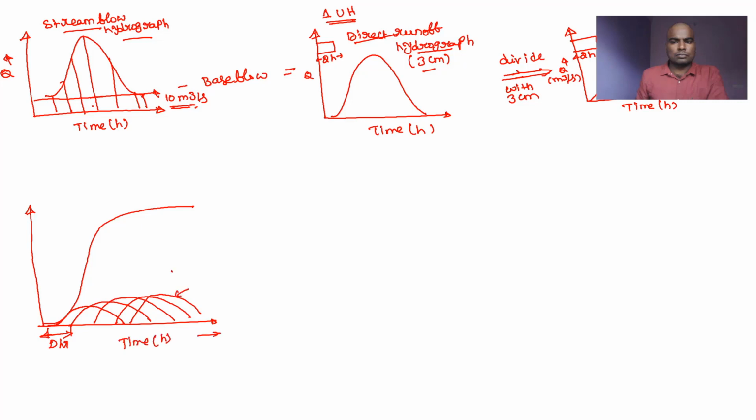So all these are D-hour unit hydrographs, in this case, 2-hour unit hydrographs. I'll tell you what S hydrograph and other things are in due course of time. Just to see what we are doing here, this is the 2-hour S curve.